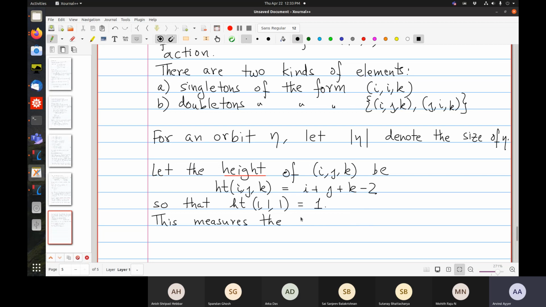In the body diagram, let's say the distance along the 1, 1, 1.